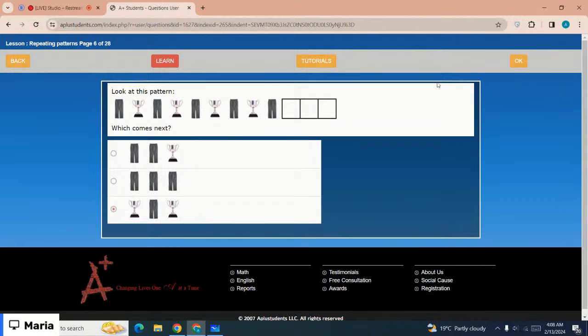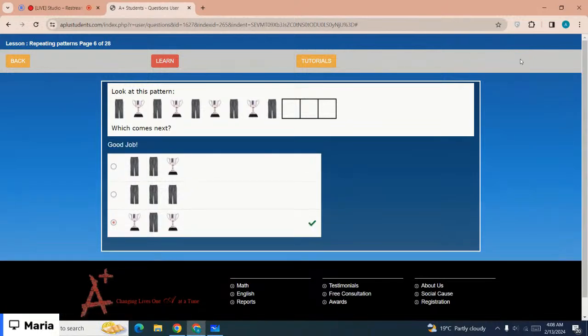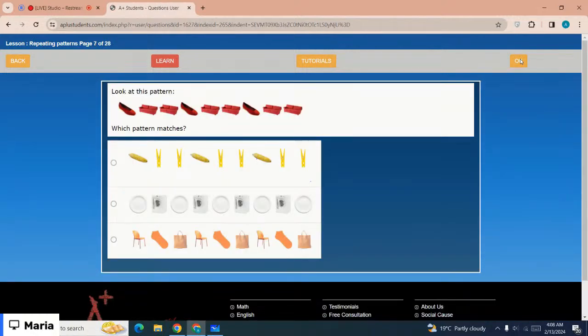Yes, that is the last one, right? Look at this pattern. Which is the correct option? Which pattern matches? Option number 1 is the correct option, right?